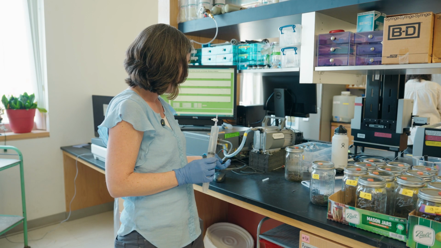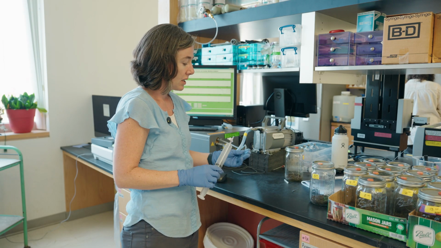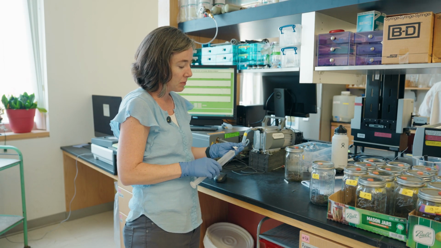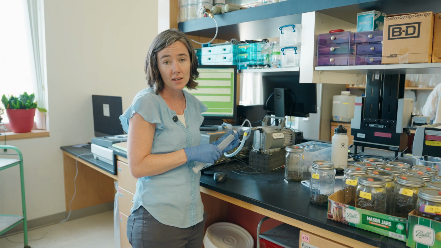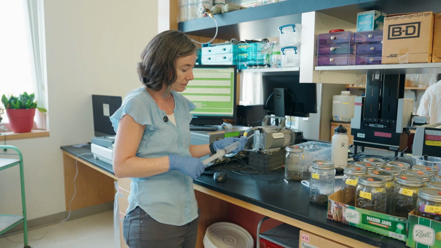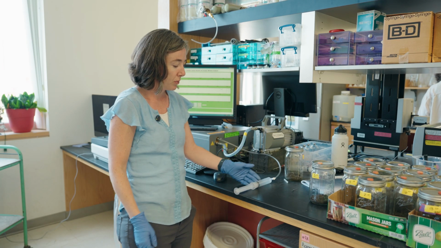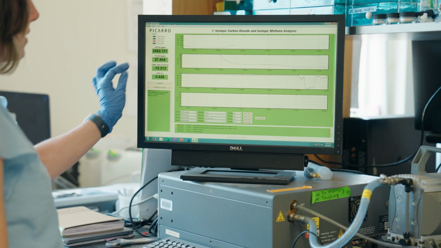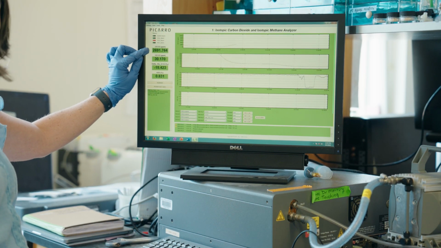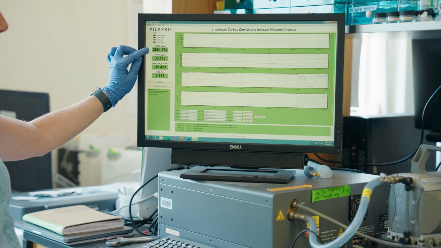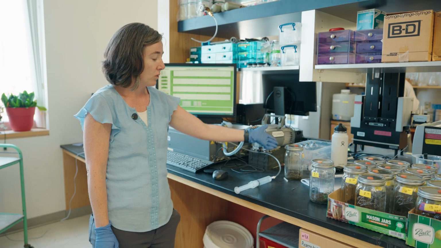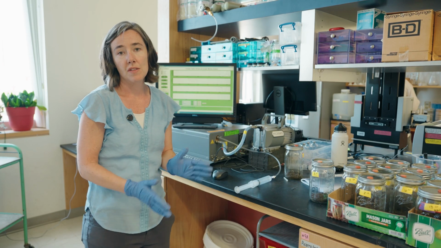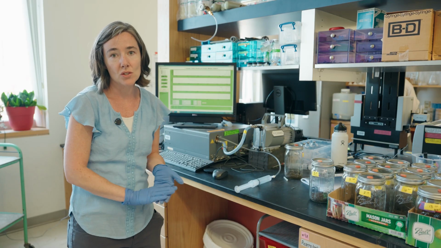This instrument is capable of measuring the carbon dioxide concentration. It will pull this gas sample in and provide a reading of the amount of CO2 in here. And that will allow us to measure the biological activity inside the soil.